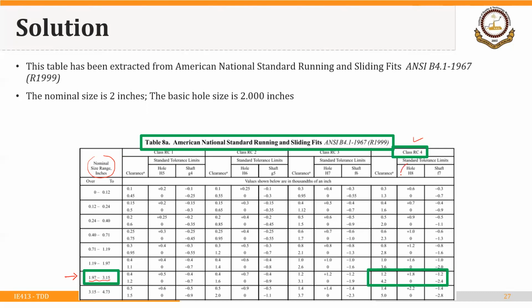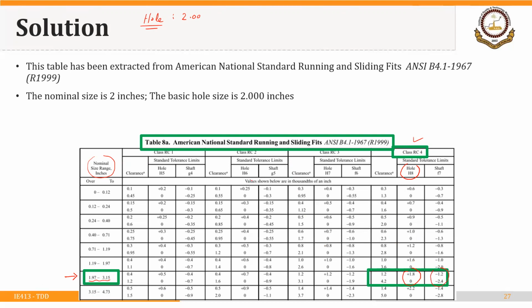As we are using the basic hole system, first we have to determine the size of the hole. So the basic size is 2 inches, and the size of the hole that we will obtain will be 2.00. Now we need the value of limits. You could notice here two values are given under hole as well as under shaft.